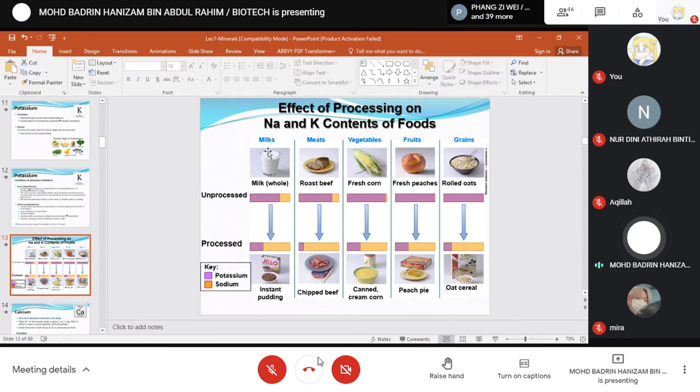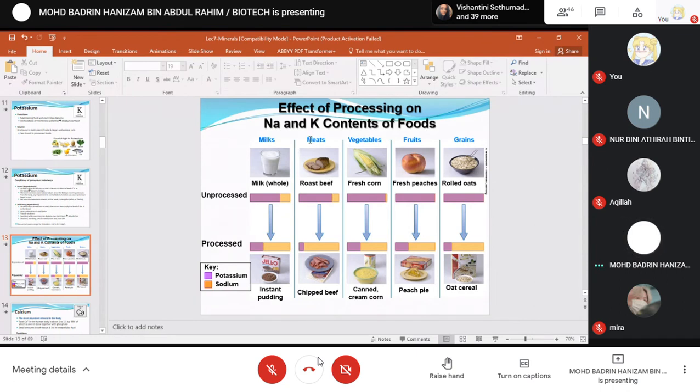When you process the milk into products such as jello or pudding, it's the other way around, where you can have high amount of sodium and low amount of potassium, because to maintain the food, you need to have high amount of sodium, because high amount of sodium will prevent the growth of the microorganism in the food product.